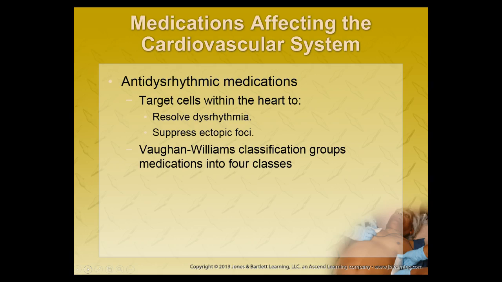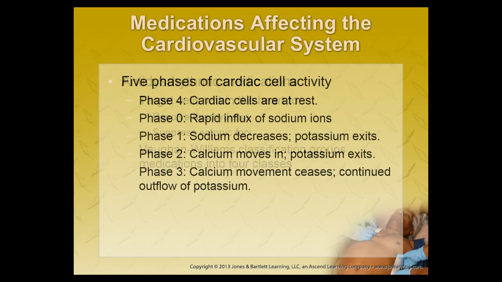The Vaughan Williams classification system classes these into 4 different areas. We're going to talk about those in just a moment, but basically there are 4 different types of antiarrhythmic medications because they tend to have an effect on one of the 4 active phases of cardiac cell activity in each contraction of the heart.